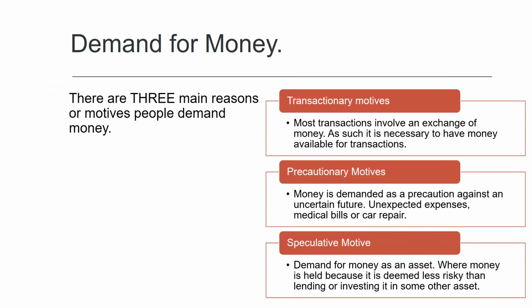And then the third one is speculative motive. Maybe instead of investing money into this asset, it might be better holding the money, because if I invest in this asset, I might lose out. All right, I'll keep the money.